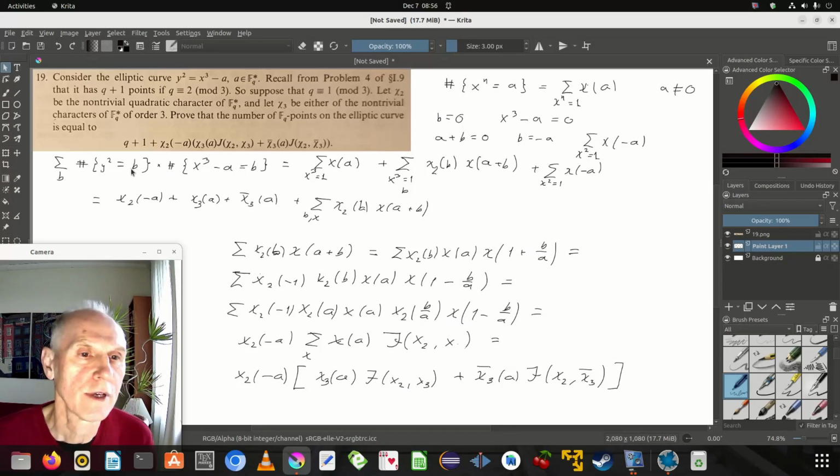The squares giving b, the squares giving naught, then we need to know the number of solutions to this equation.